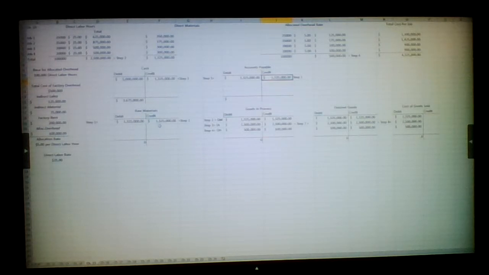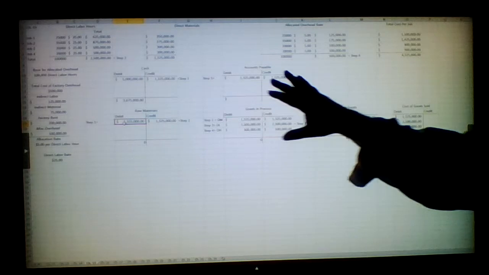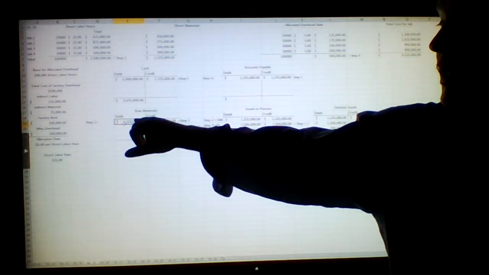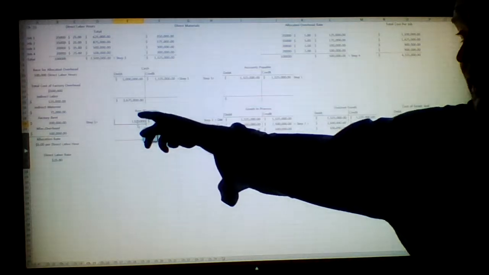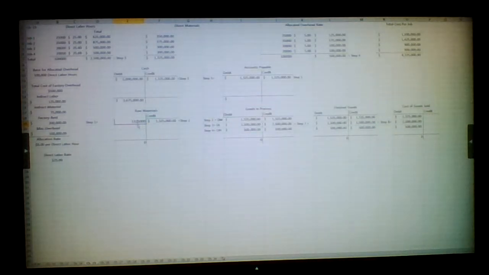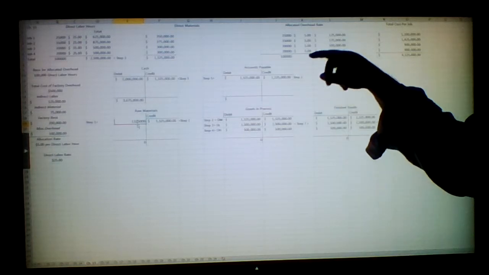And for the material, you would be increasing the debit side of raw materials, which is an asset, by $1,325,000, and you're extending your credit by $1,325,000.